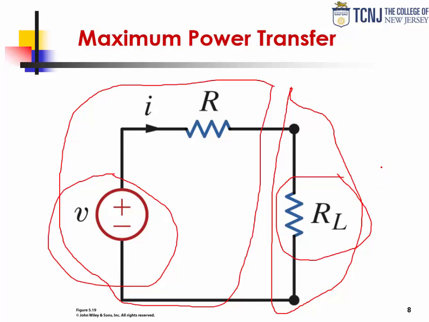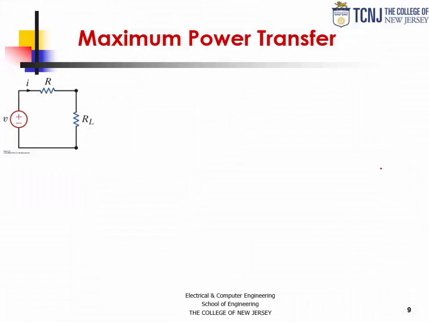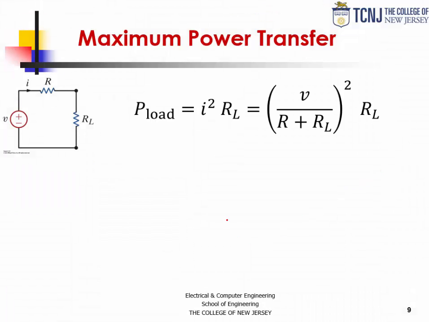So when is that? What I can do is write the power for that load resistor. The power for the load resistor is the current squared through the resistor times the resistance. And I know that the current through that resistor is simply the voltage divided by the series combination of the internal resistance and the load resistance, because as you can see they are in series, times the load resistance.